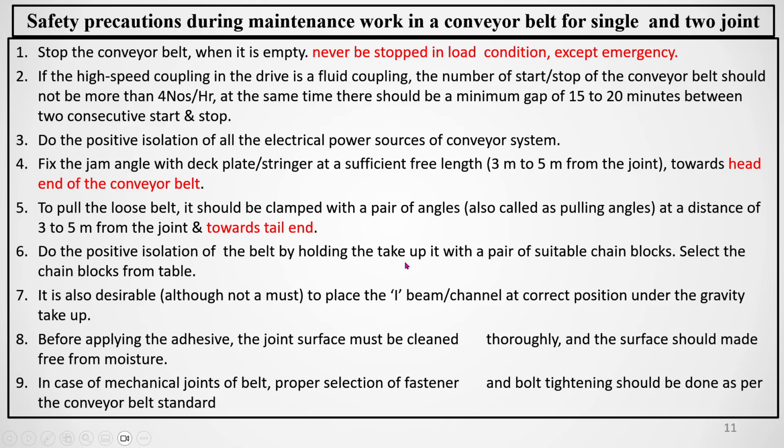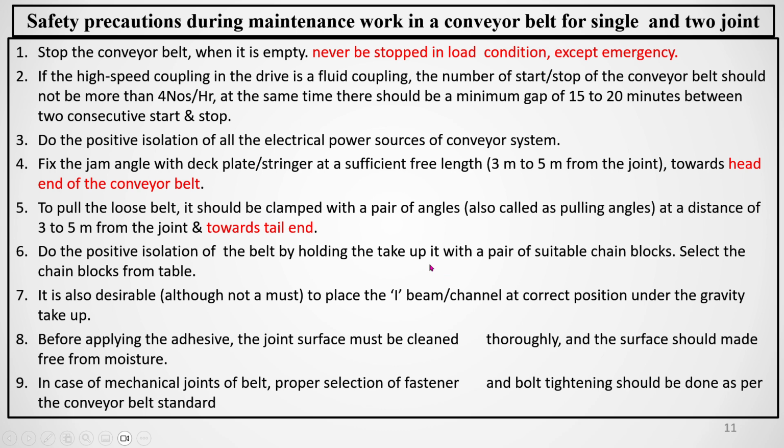Then another thing you have to do: on the take up pulley or gravity pulley, you have to put a pair of suitable chain pulley blocks. With the chain, the belt will not move downward due to the weight of the gravity pulley.